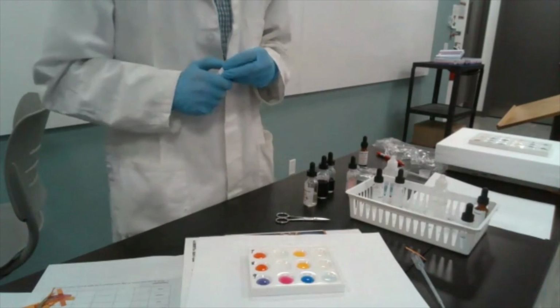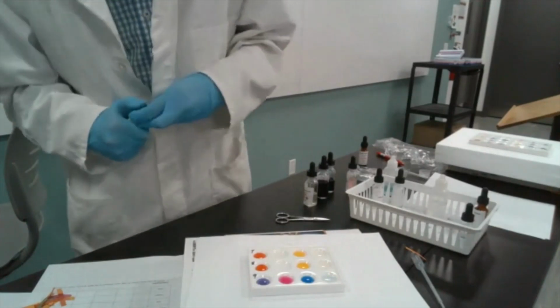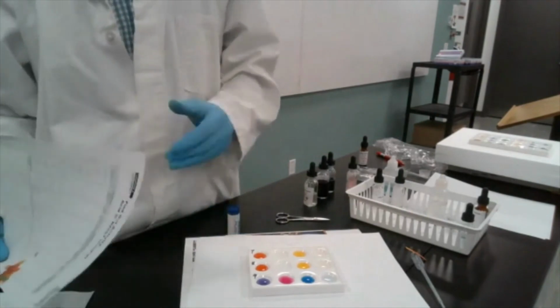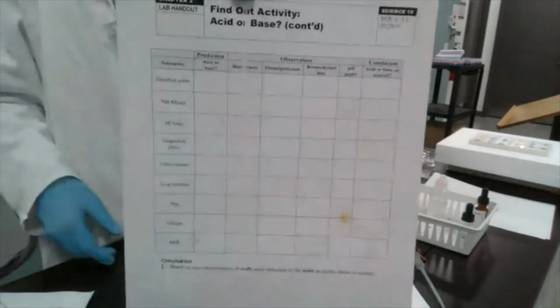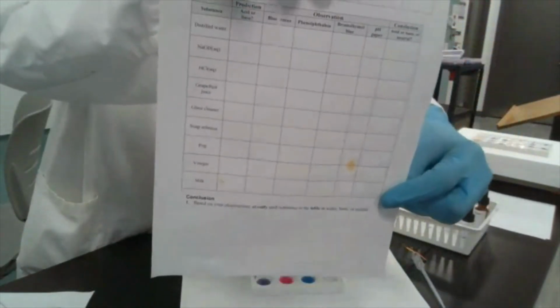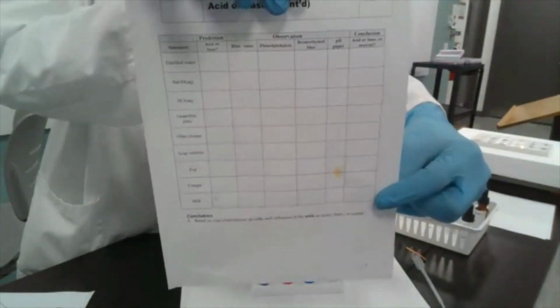So that essentially concludes our observation part. Hopefully you were able to fill out this table with the corresponding color changes. If you missed some of these, you can ask your classmates, and your job will be to fill out the conclusion column for each of these substances that we looked at.